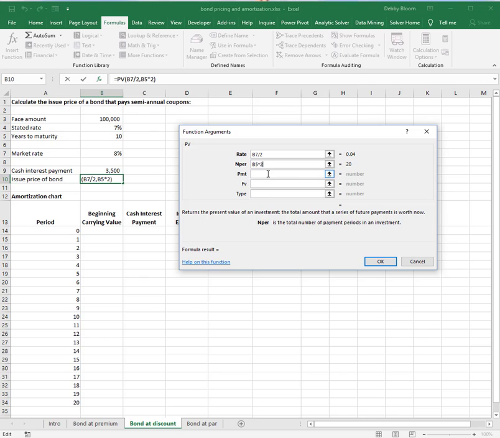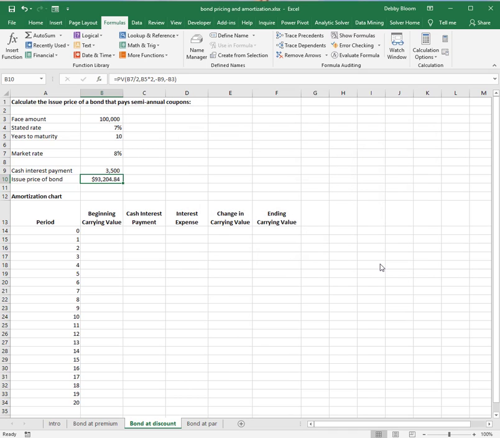For PMT, because this is a payment that the company is making, we're going to type a negative sign and click on the $3,500. And then in the FV, the future value box, we're also going to type a negative sign and then click on the $100,000. Notice our answer now is $93,204.84.